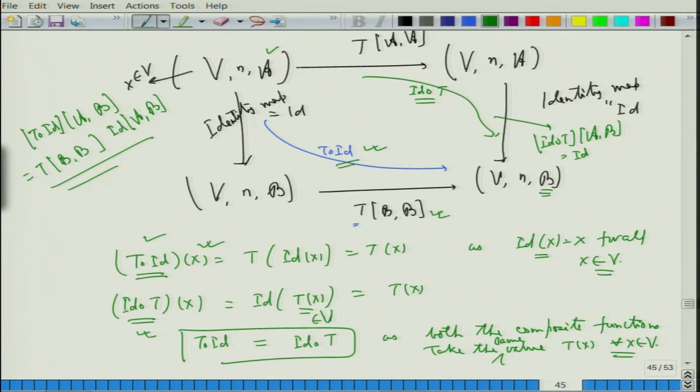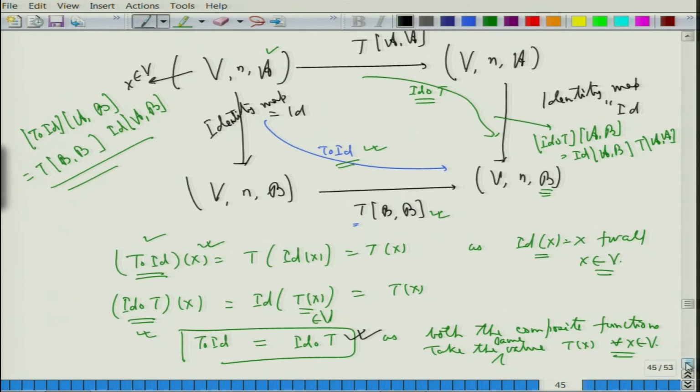Identity is coming on the left, so there will be identity here, and there will be a T here. This is what we had learned, that if identity is on the left, the matrix of identity will come on the left. So identity is going from A to B, so it will be from A to B, and T is going from A to A, so it is from A to A that you are looking at. Fine. So what we see here is that these two maps are the same, so their evaluation at domain and codomain will be the same.